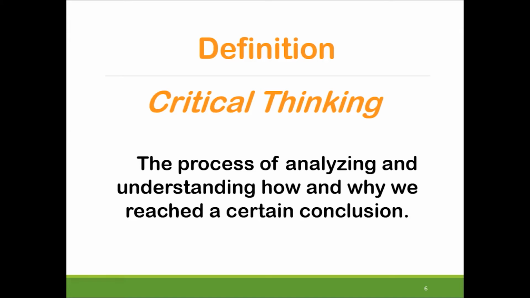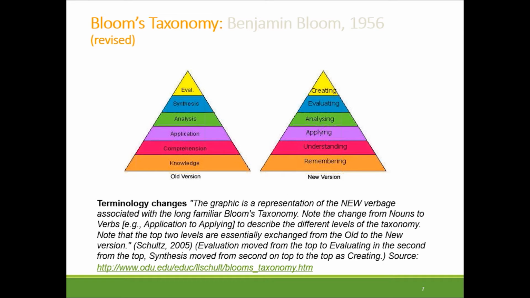So we're really going back to the basic critical thinking definition, the process of analyzing and understanding how and why we reached a conclusion. This is the kind of skill in your students that you're really trying to get at with your tests, not what was typical in days of old, which is, you know, how much can a student memorize and simply recall or parrot back to you. That's not going to be an effective way of telling what they really know and more importantly, how they use the information that they know.